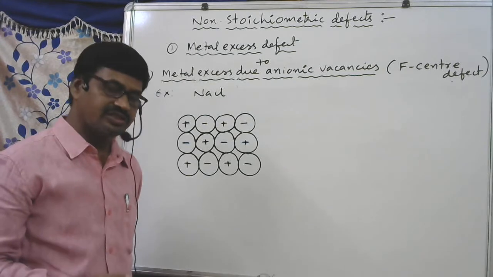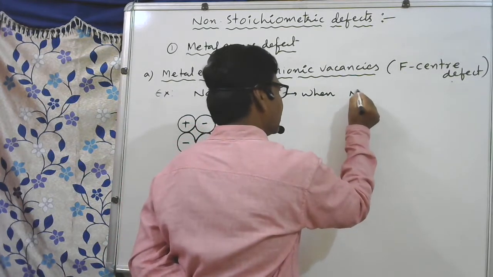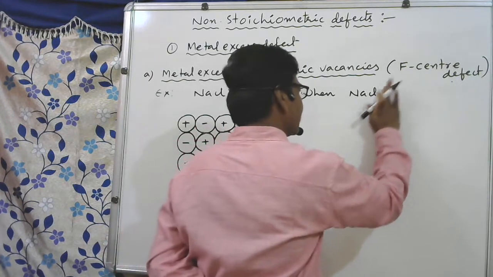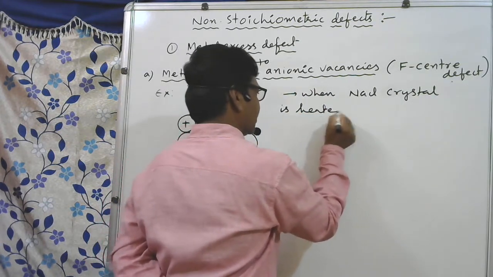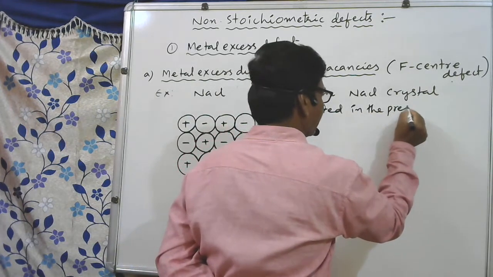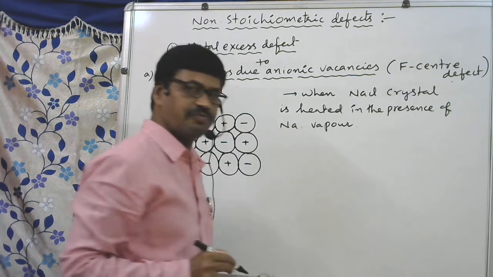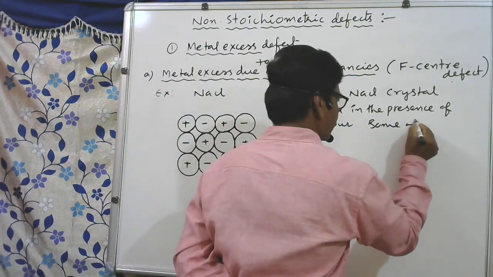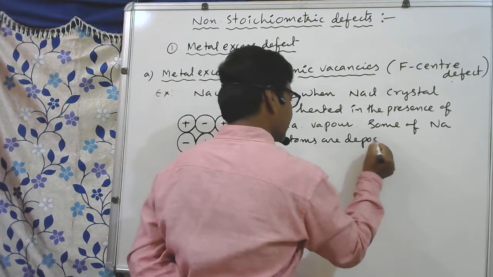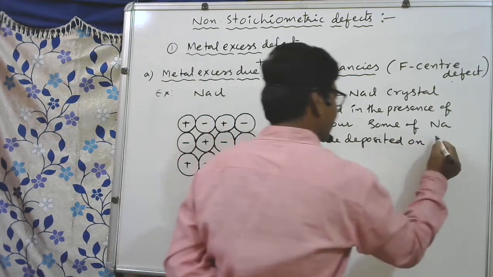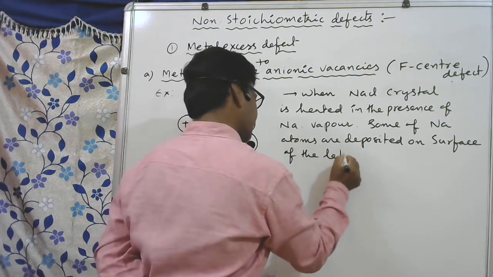Here I am writing: when NaCl crystal is heated in the presence of sodium vapor, some of the sodium atoms are deposited on the surface of the lattice. This is the first thing.